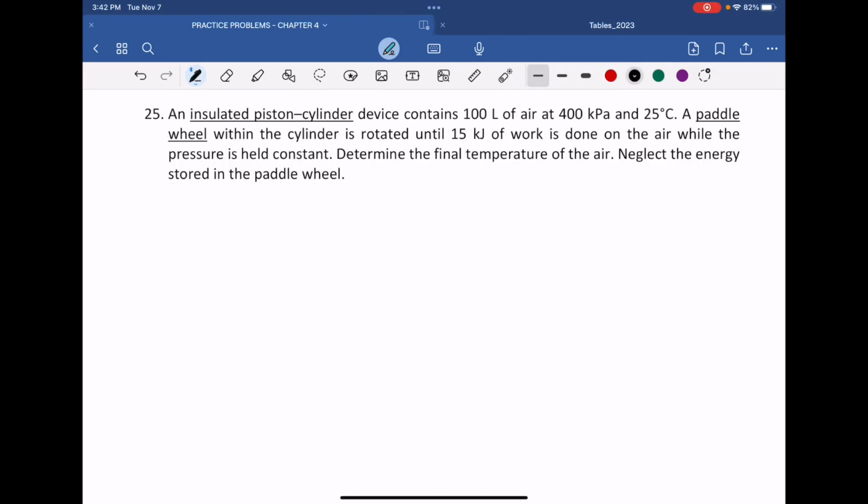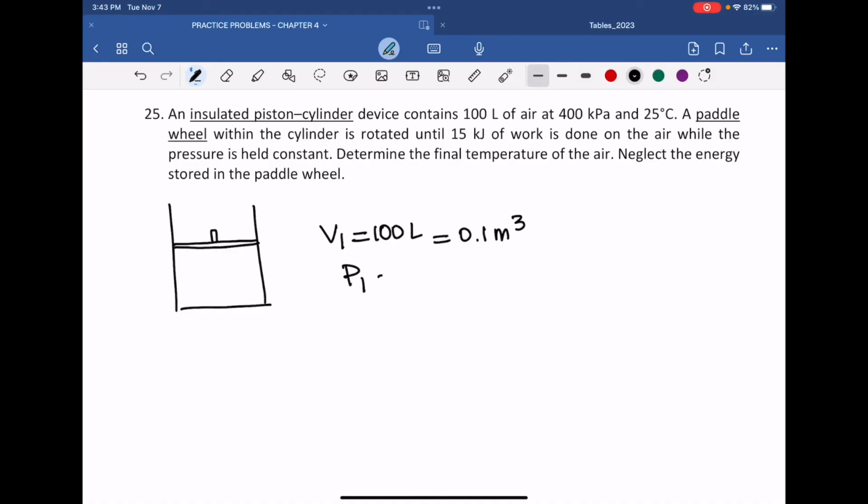An insulated piston cylinder device contains 100 liters of air at 400 kilopascal and 25 degrees Celsius. Immediately I noticed there are no heat interactions, I'm sorry, because it's insulated. But this is a piston cylinder device, there can be boundary work, and initially the volume is 100 liter. And then the pressure and the temperature are given.